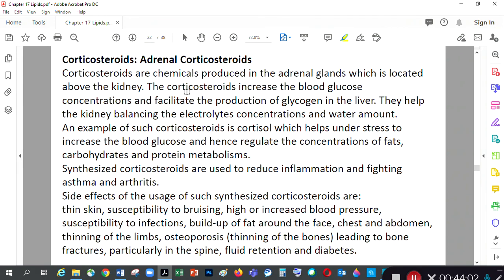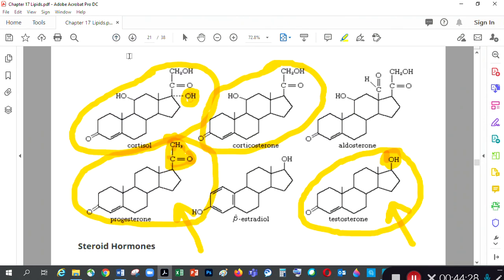The corticosteroids increase the blood glucose concentration and facilitate the production of glycogen in the liver. They help the kidney balance the electrolyte concentration and water amount. And just an example of the corticosteroids is cortisol. Let's go up and look at this. This is the cortisol we're speaking about.